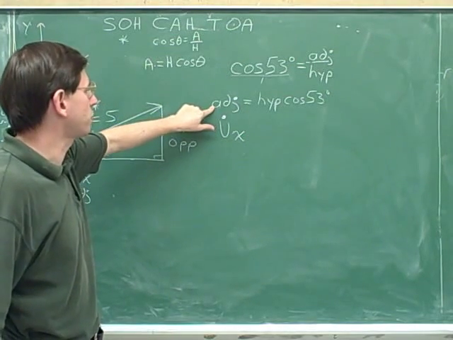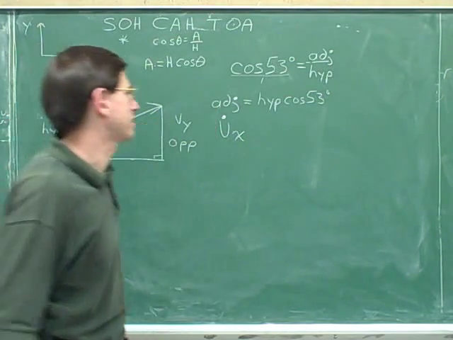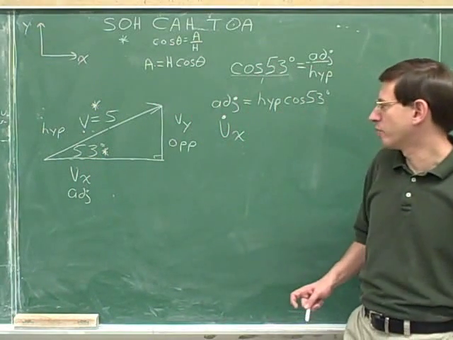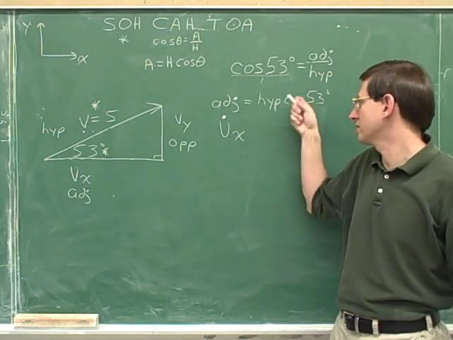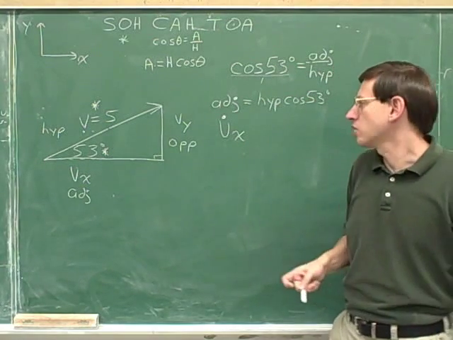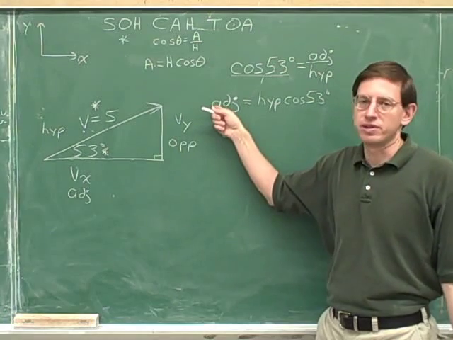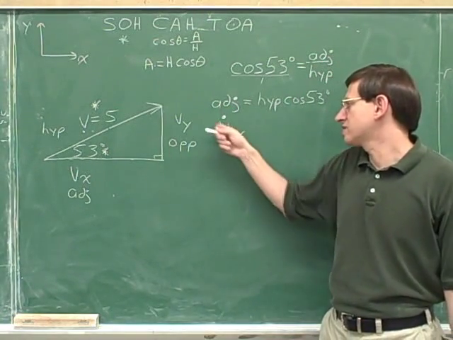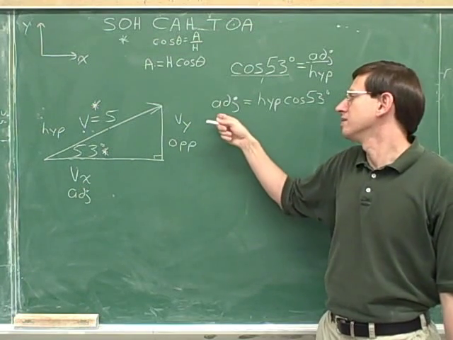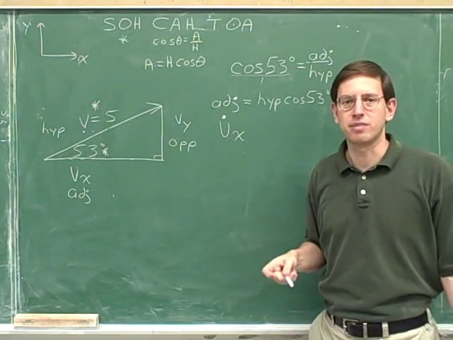This adjacent side here represents the length of the adjacent side. If I was going to write this out in more detail, I would say that this is the length of the adjacent side equals the length of the hypotenuse times the cosine of 53. So it doesn't make sense to use a signed number for this, because lengths are always positive. So it doesn't make sense to use v sub x for this symbol. We should use v sub x with a dot to show that that's a magnitude.